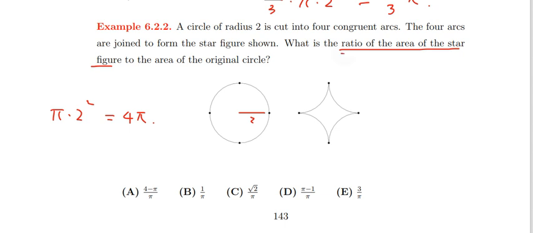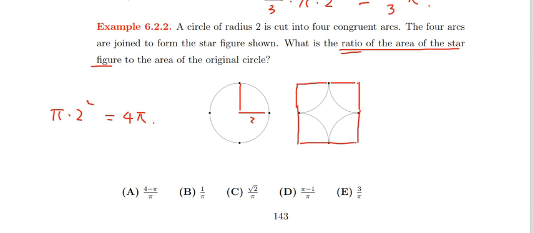So in order to find this ratio, we just need to find the area of this shape. So this arc is just like this arc, and this and this are the same, right? So we wanted to make this like this.